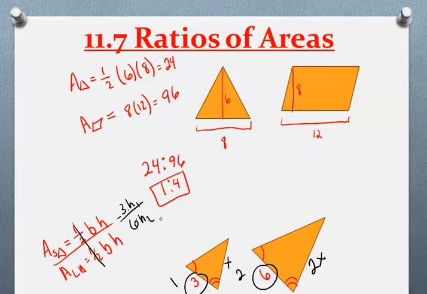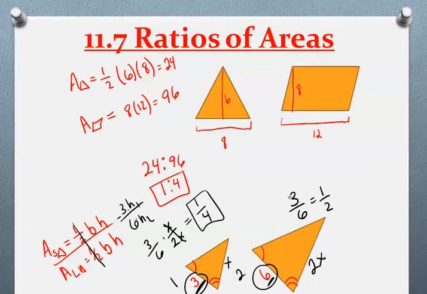So I can go ahead and put that in. And that reduces to give you 1 over 4. Now if you go back and think about comparing 3 to 6, if I have 3 over 6, that reduces to 1/2, and 1/4 is just the 1/2 squared.